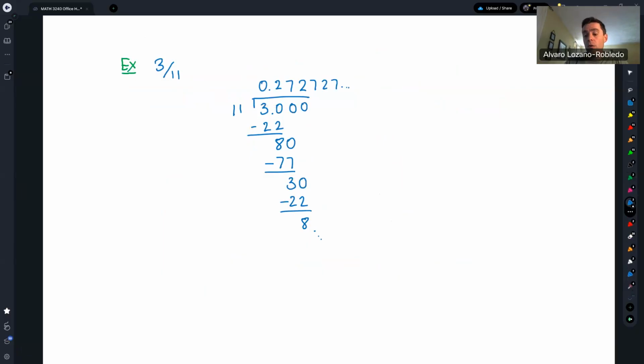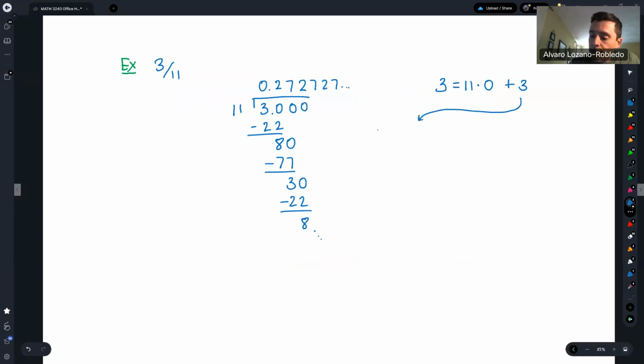I'm going to do now the same calculation using divisions, which is what was happening along the way. We started with 3 and tried to divide it by 11, and we saw that's impossible, or the quotient is 0 and the remainder is 3. Then we took 3, multiplied it by 10, made that 30, and divided by 11. 30 divided by 11 is 11 times 2 plus 8.